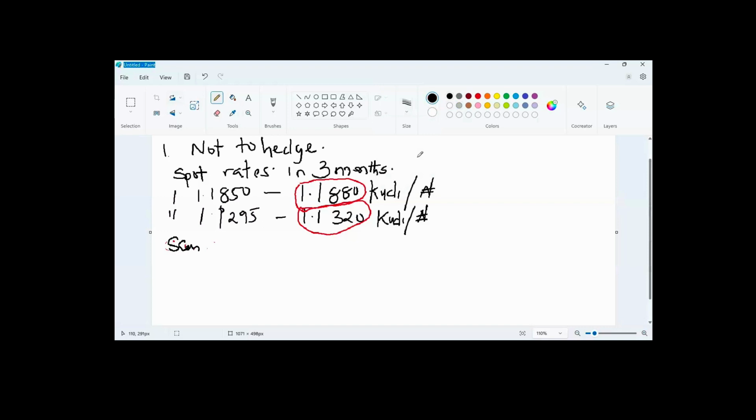For scenario 1, the applicable spot rate is 1.1880.